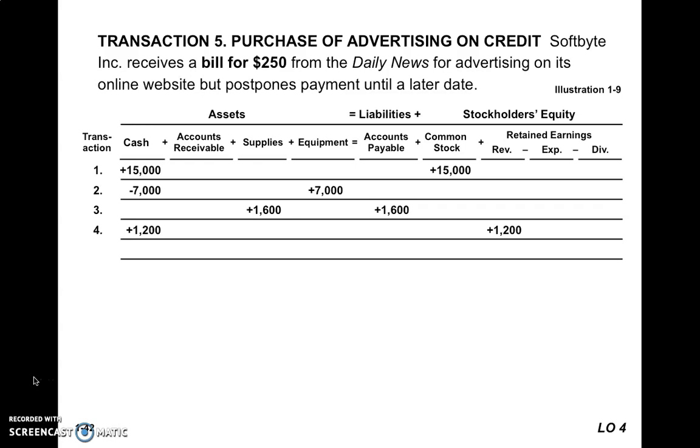Anytime resources are used to run the operation, to generate revenue, the company has an expense. In this case, the name of the expense is advertising expense, but they haven't paid for it, therefore the company has a liability. In this case, the name of the liability is accounts payable.